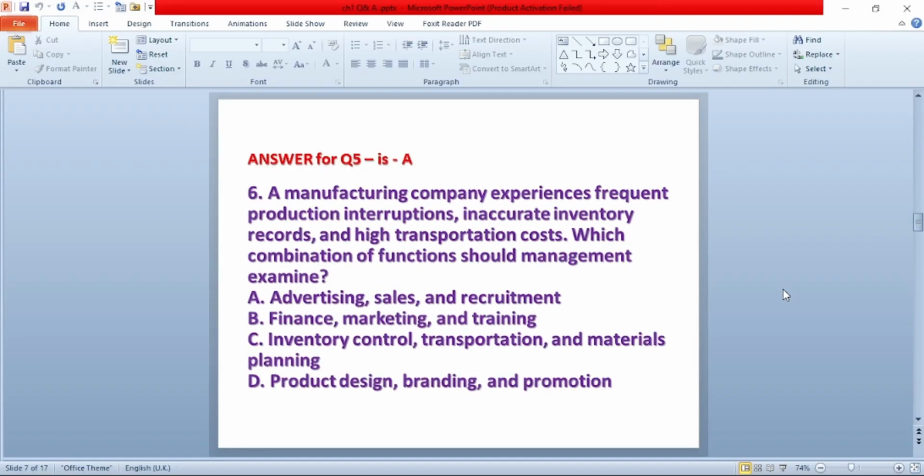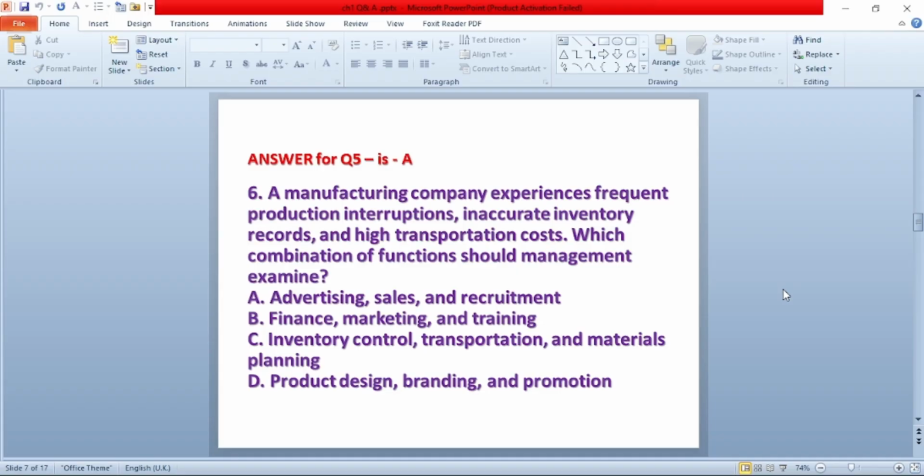Question number 6. A manufacturing company experiences frequent production interruptions, inaccurate inventory records, and high transportation costs. Which combination of functions should management examine? A. Advertising, sales, and recruitment. B. Finance, marketing, and training.